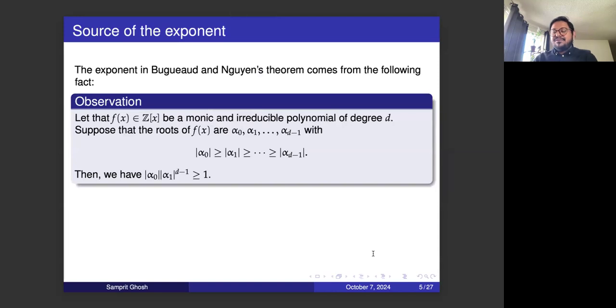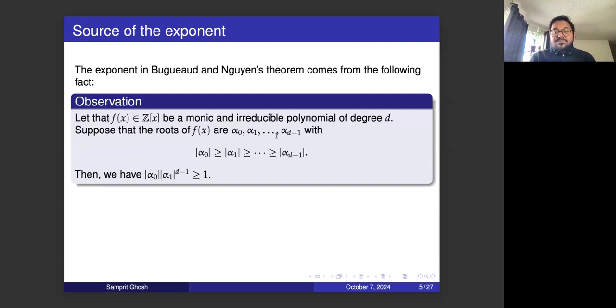In their proof, it actually comes from a very simple observation. Namely, suppose f(x) is a monic irreducible polynomial of degree d, and suppose the roots of f(x) are, in a similar fashion, alpha 0 through alpha d minus 1 in decreasing order of magnitude.